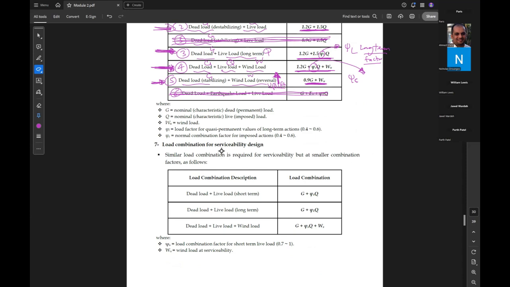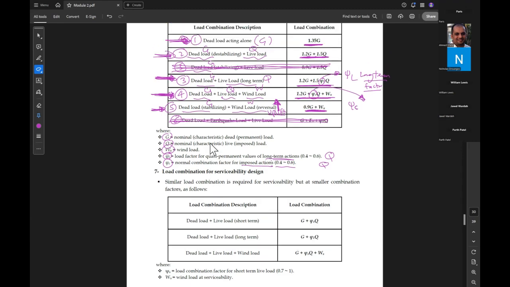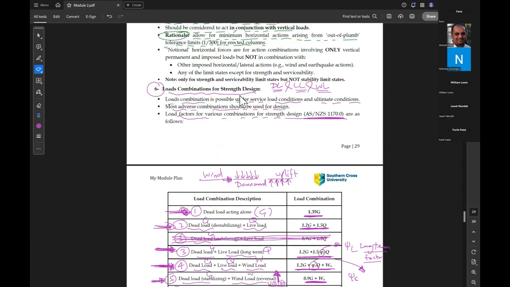Okay, again, these are the factors: G dead load, Q live load, W wind load, psi L load factor for quasi-permanent long-term action of live load Q, psi C imposed action for live load as well, 0.4 to 0.6. Okay, this was the load combination for strength.